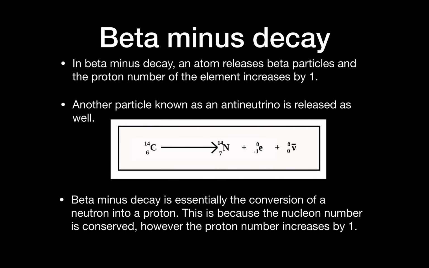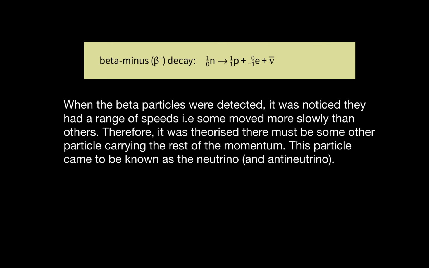Therefore, we can say that beta minus decay is essentially the conversion of a neutron into a proton. As can be seen by this equation, where a neutron with zero charge and one mass gets converted into a proton with one mass and one positive charge, with the release of beta minus particles and an antineutrino.